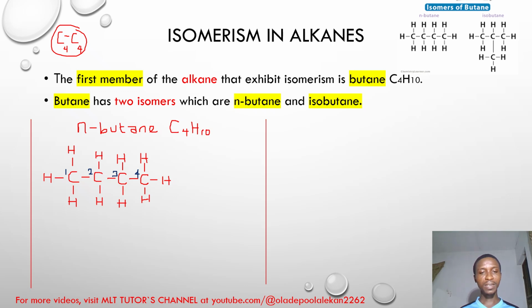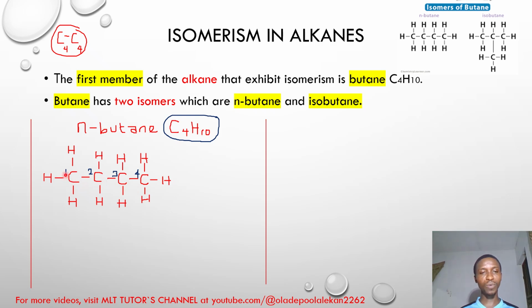Now the next thing we want to identify here is which ones are the primary carbon atoms, which one is the secondary, and we even have the tertiary. For instance, this first carbon atom, those carbon atoms are the terminals.